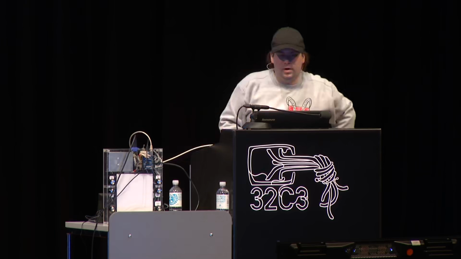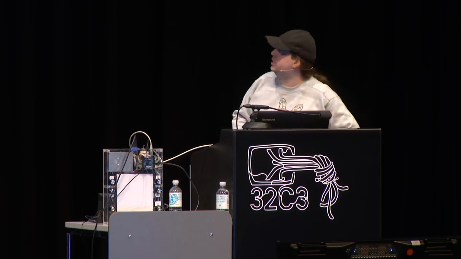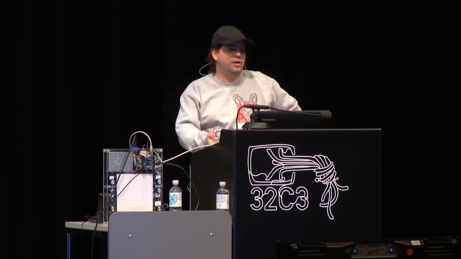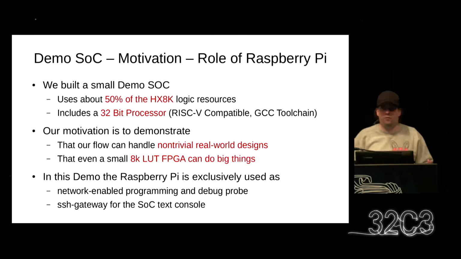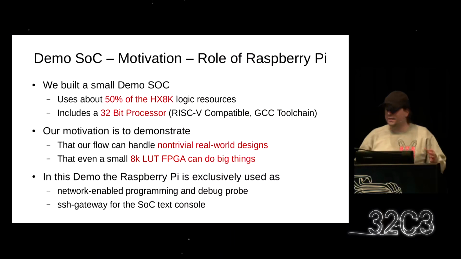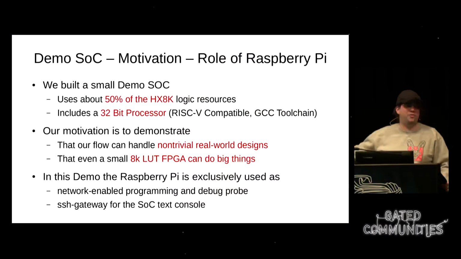So we've built a small demo SoC, and I have two motivations for that. The first one is I would like to convince you that this toolchain can actually be used for non-trivial designs and not just small Hello World examples. And the second thing is this is a very small FPGA.